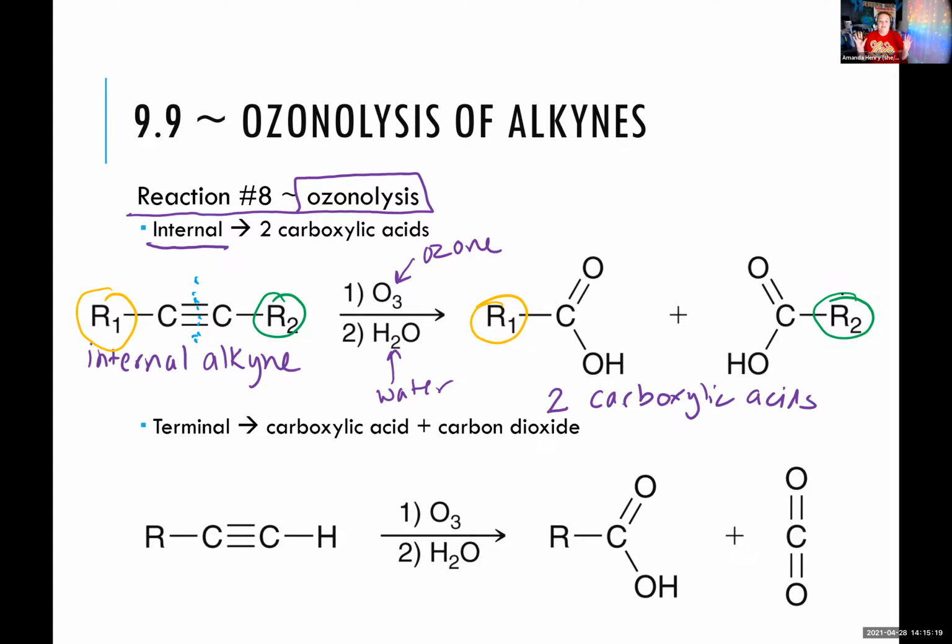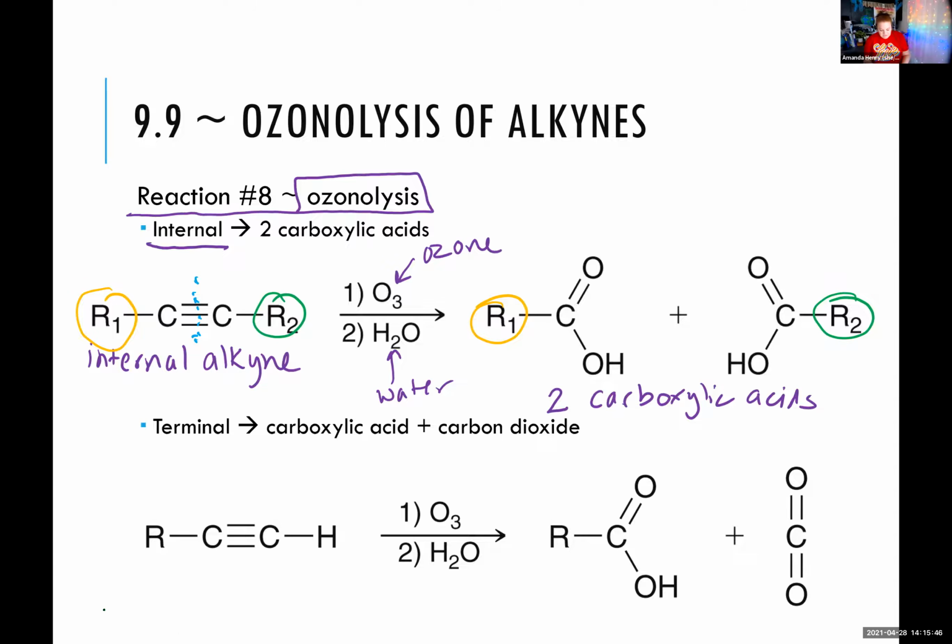If this is a symmetrical alkyne, then we will make 1 carboxylic acid, because when we split it in half, if both sides are the same, we're just making the same carboxylic acid on each side. If it's asymmetrical though, then we're going to make 2 different carboxylic acids. So just kind of depends on if those carbon groups are symmetrical or not.